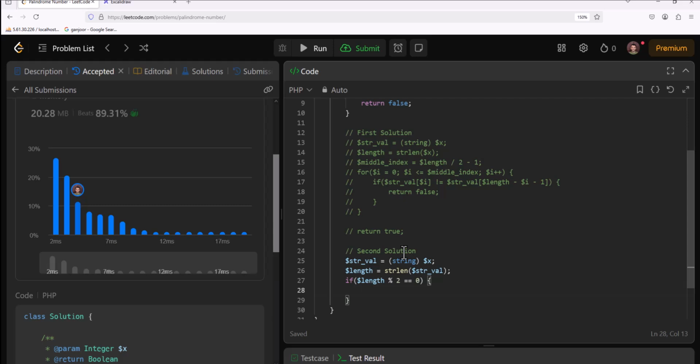So in this situation, how should we solve the problem?